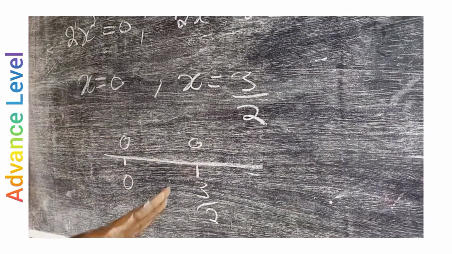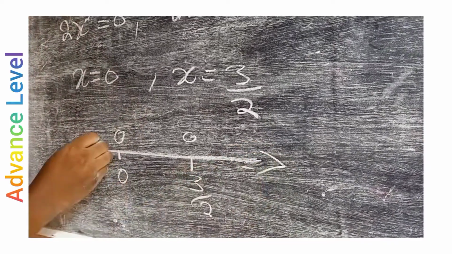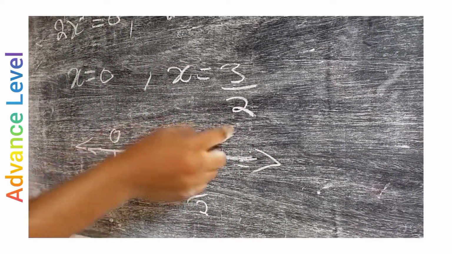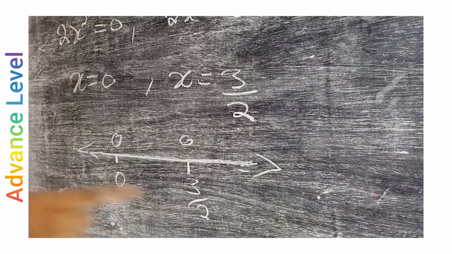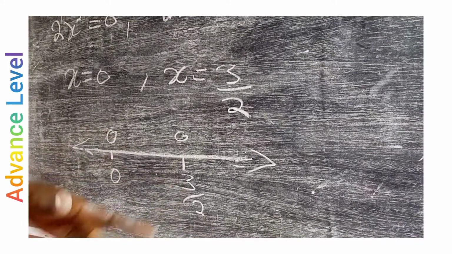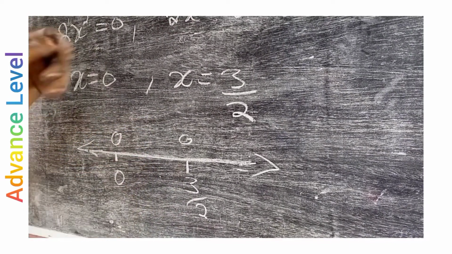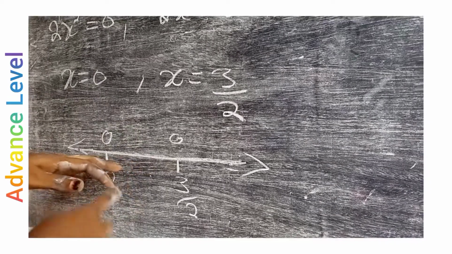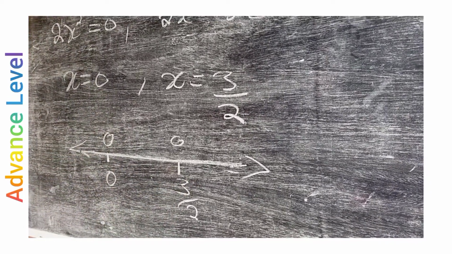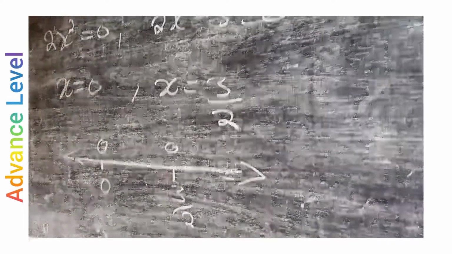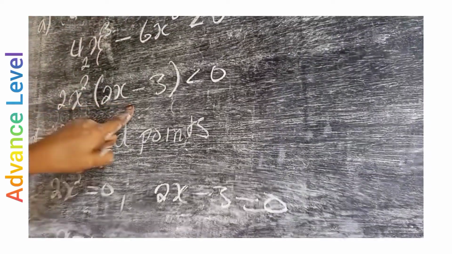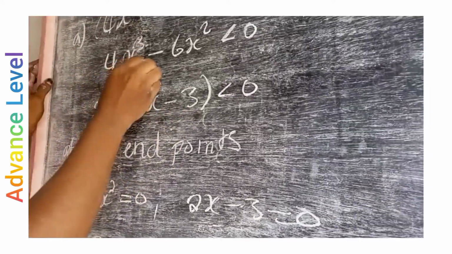If I choose a number, here we have 1, 2, 3 regions. So I can choose a number. 3 over 2 is 1 point something. So if I take a number in the middle, which is 1, a number between 0 and this, putting 1 here, I'm going to have 2 times 1, this is 2 minus 3, which is negative 1.